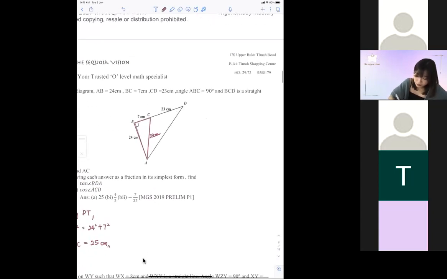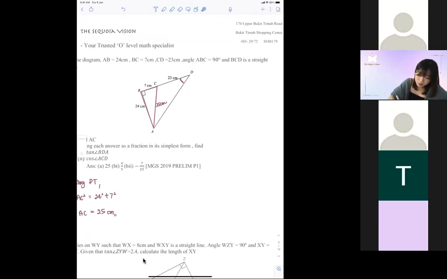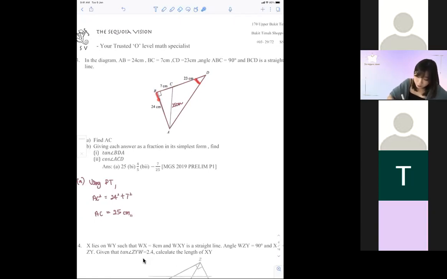BDA is here, okay? BDA also lies in a right angle triangle. You can extend this. So I erase this part, we extend it. Here, this is a right angle triangle again, okay? So tangent of angle is opposite over adjacent.